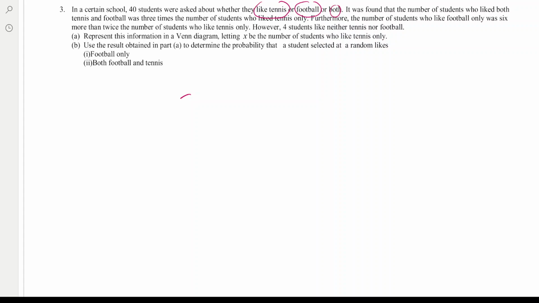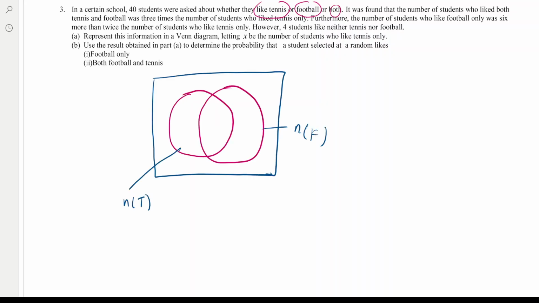In our Venn diagram here, this is the set of those who like tennis, and this will be representing those who like football. And now from the numbers, we were told that x is the number of students who like tennis only.